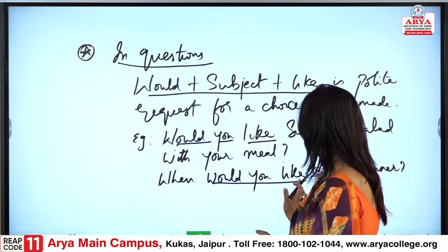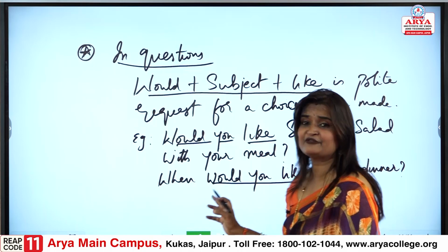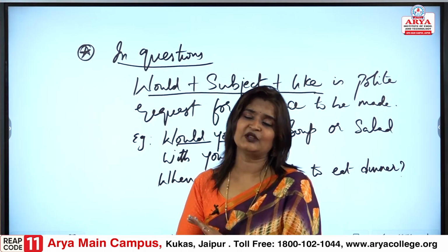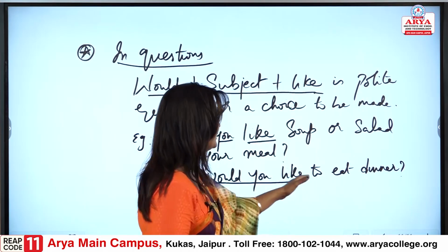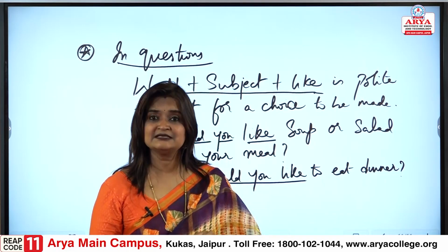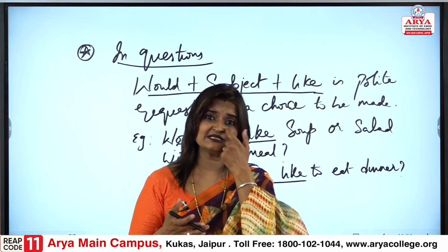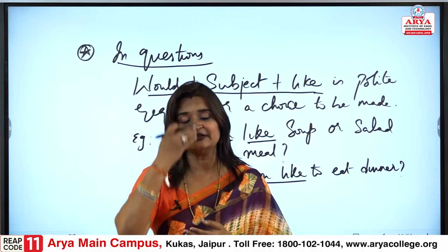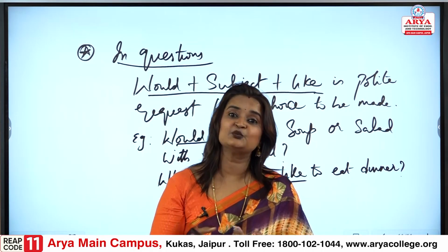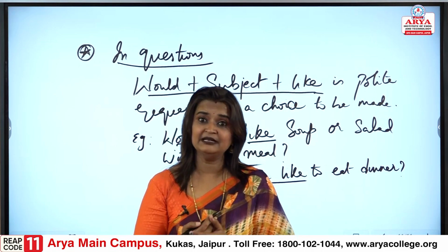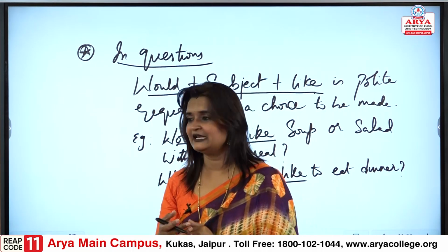In this question form, we are asking the preference, when would you like to have your dinner. So, again we are asking the person's preference, what is the time that the person is comfortable with and would like to have dinner.